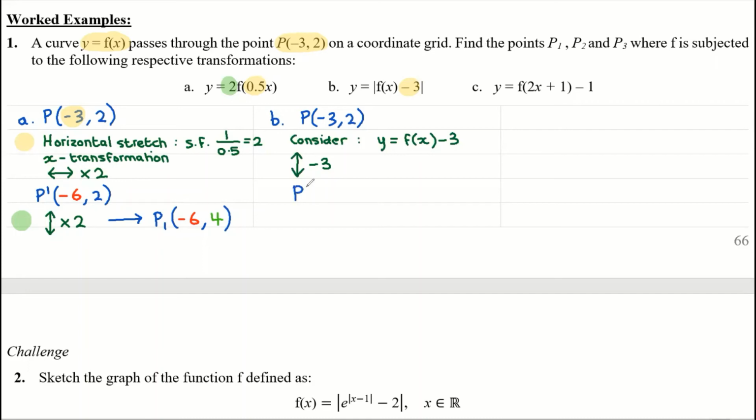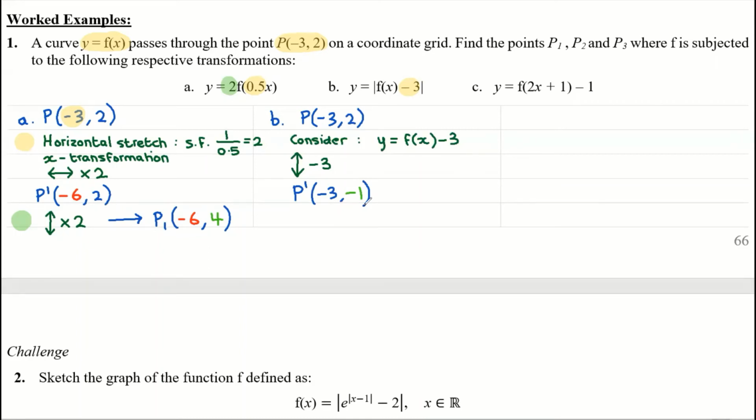So I'll put a p dash again. Nothing happens to the x coordinates, but we have to subtract 3 from the y coordinates. So that's what I'm going to do. So if I do 2 subtract 3, that is going to give me -1. Okay. I hope that's clear, ladies and gentlemen.